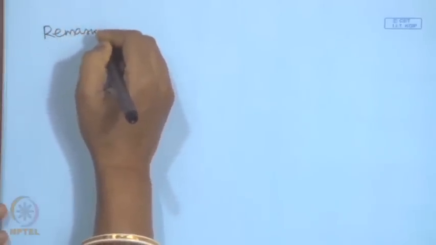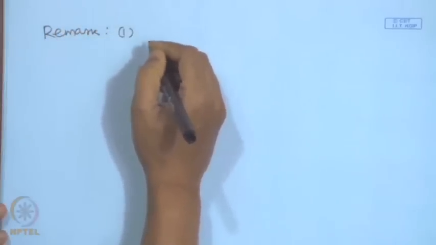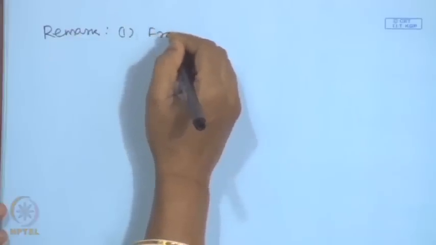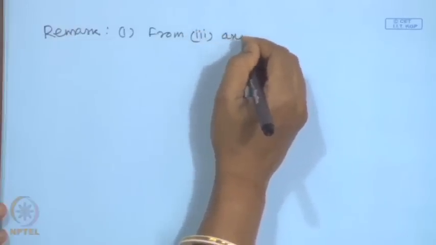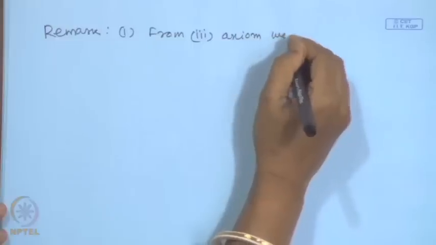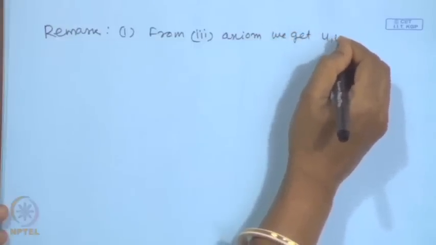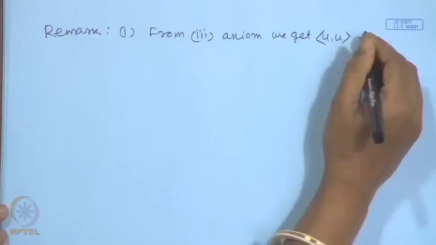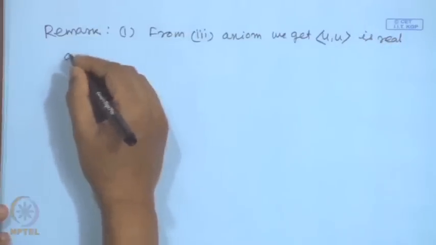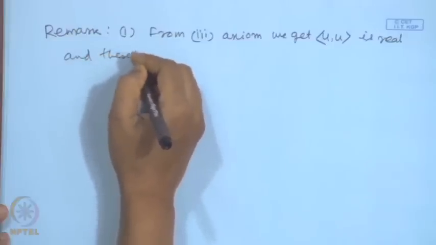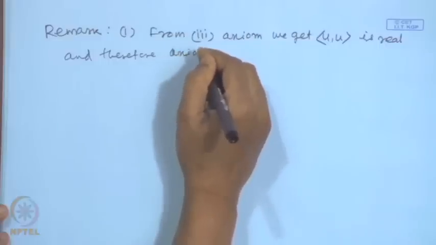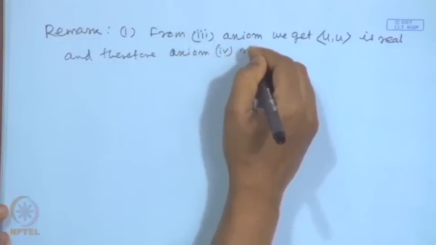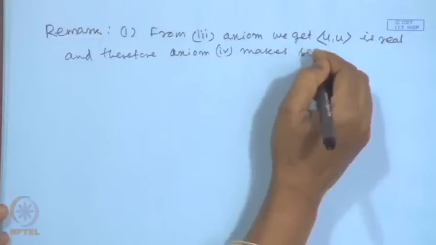First remark: from the 3rd axiom we get that the inner product of u with itself is real, and therefore axiom 4 makes sense.